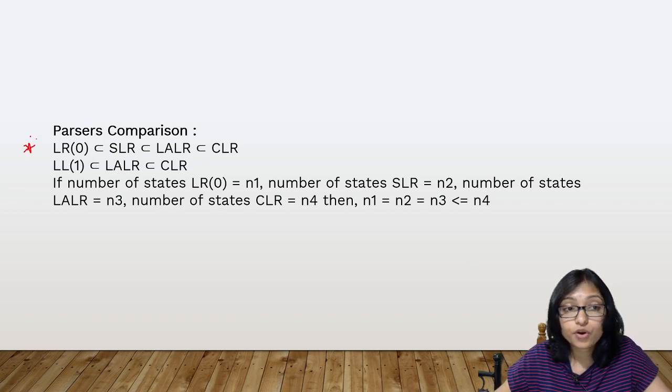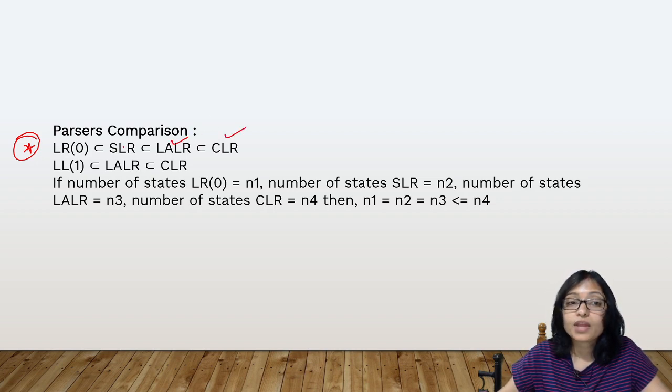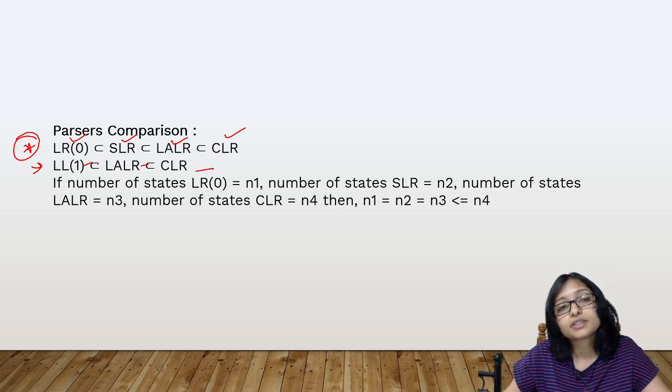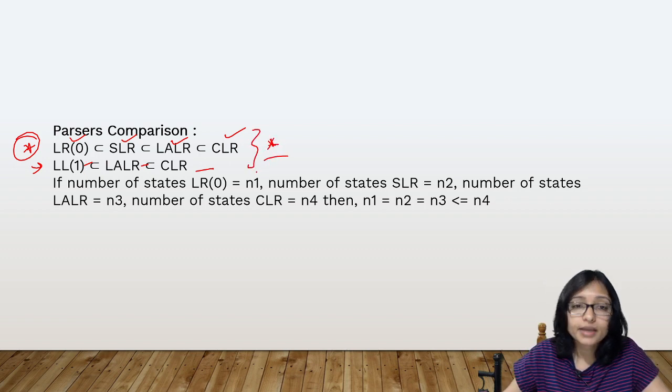This is very important, questions are coming from here. CLR is the highest one, after that LALR, after that SLR, then LR0. Or if you are comparing like that, then CLR is highest, after that LALR, and after that LL1. Okay, so remember this, questions are always coming from here.